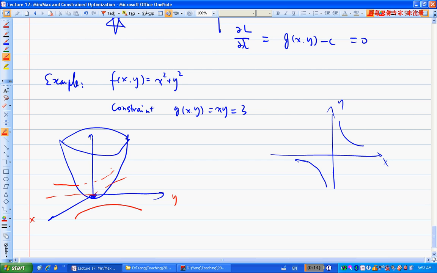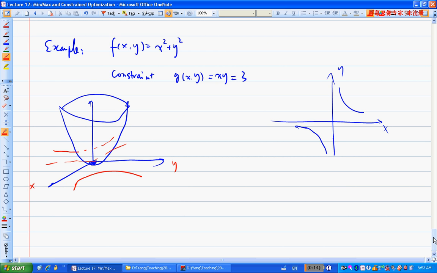So walking along those curves, where will be the minimum points, taking from this surface? I'll show you the animation later, but let's do just the mathematical calculation based on the Lagrangian.